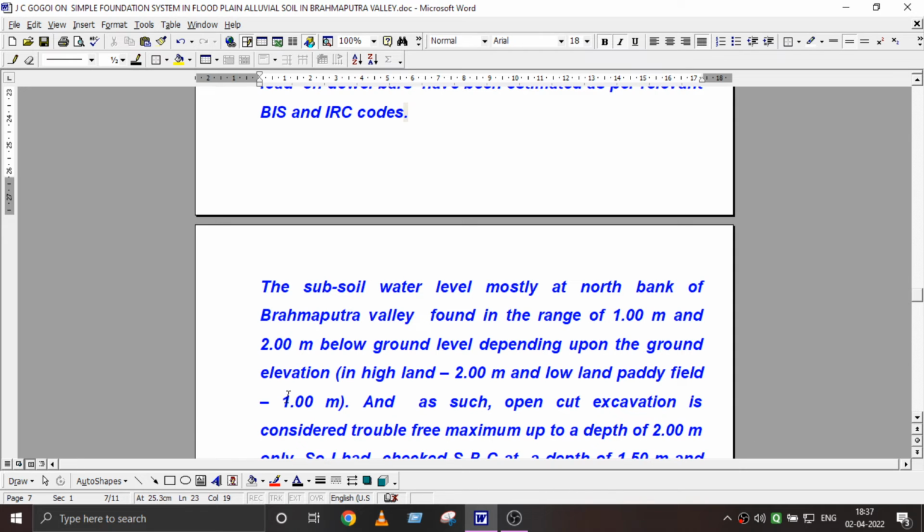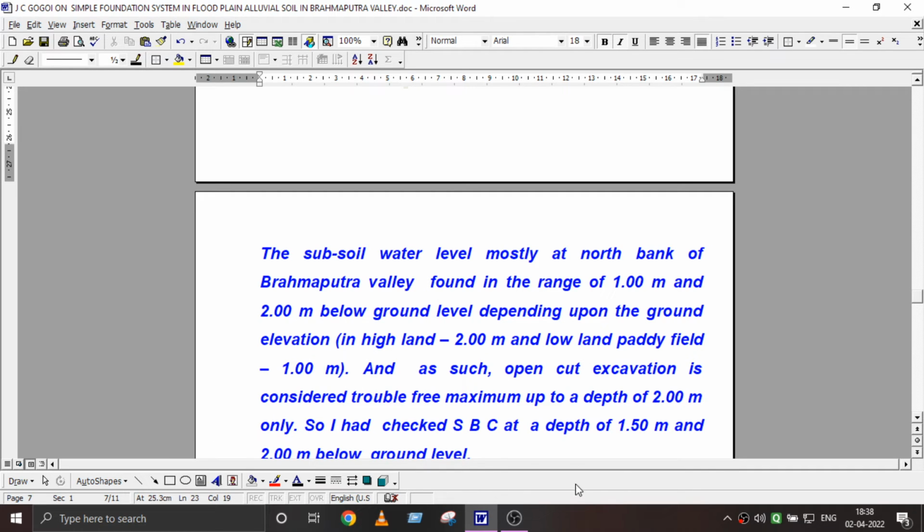We are considering 1 meter, then we can go another meter, because 2 meter minus 1 meter, hydraulic head will be 1 ton per meter square. Our grain weight, if we calculate the density of the single grains, shall be more than 1 ton per meter square. So the soil particles cannot be lifted up by water.